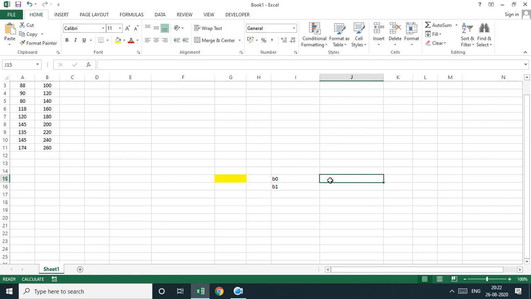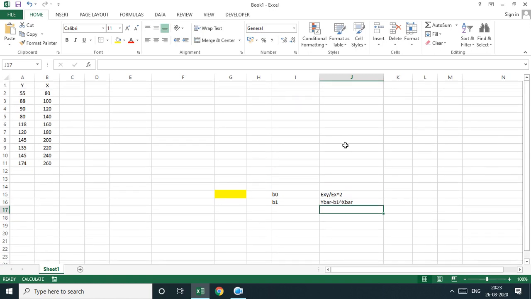Beta 1 is equal to sigma xy divided by sigma x square, where I am using E for sigma. Then beta 0 is y bar minus beta cap 1 into x bar, where beta cap 1 means the estimated value of beta 1. Finding out these values is the major role of regression. How we can find that, we have to check.